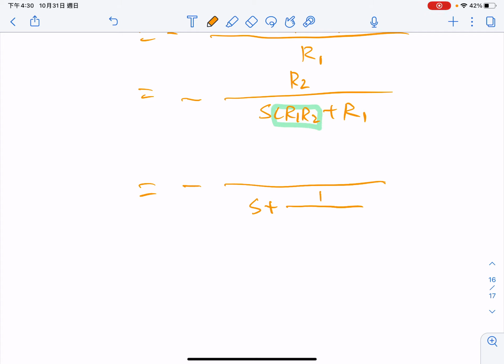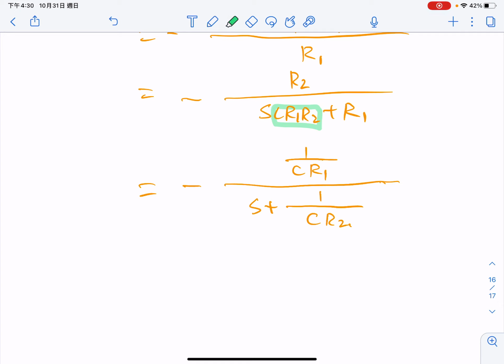I have to try to do this, and this one will be CR2. And the upper part will become 1 over CR1.